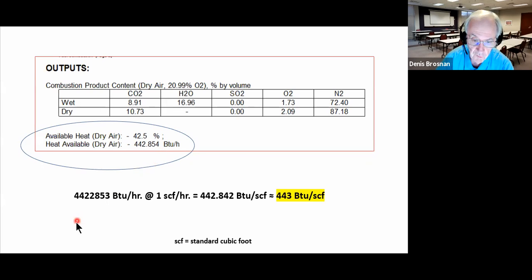Okay, so if we take that number of BTUs per hour at 1 standard cubic foot per hour, now this is why I put 1 standard cubic foot in that little box in the previous slide, then we're going to have 442.8 BTUs per standard cubic foot, rounded off about 443 BTUs per standard cubic foot.